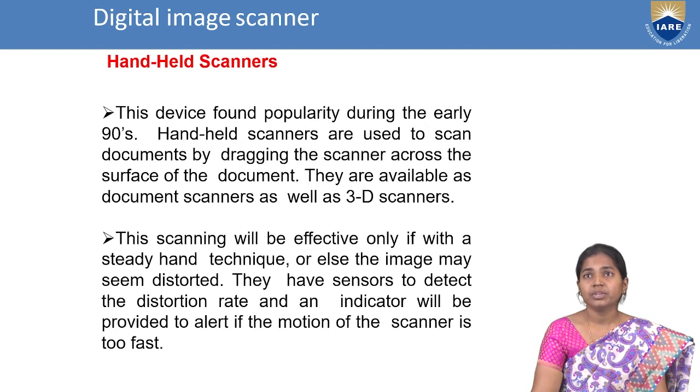Handheld scanner. In this handheld scanner, this device found popularity during the early 90s. Handheld scanners are used to scan documents by dragging the scanner across the surface of the document. With the use of this handheld scanner we scan barcodes, and in shopping malls we are using these scanners.